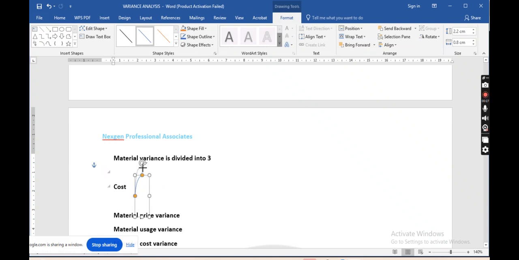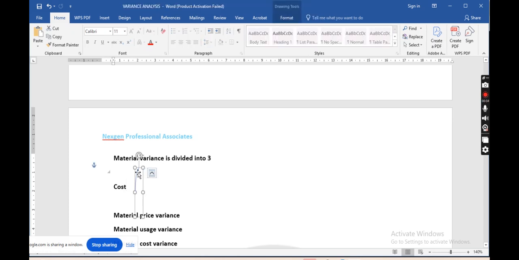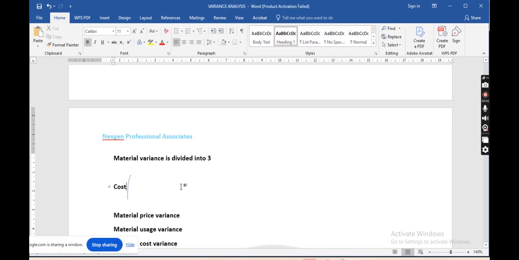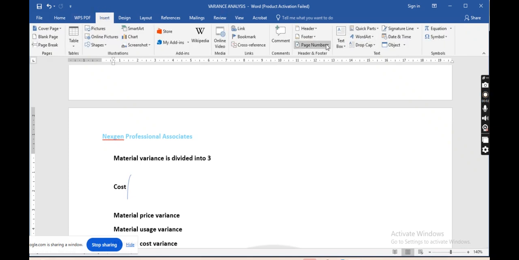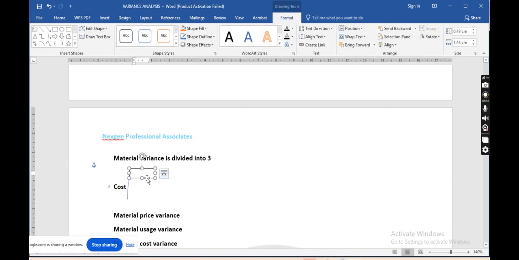Whichever way I draw it, we just need to manage it like that. This is too large.